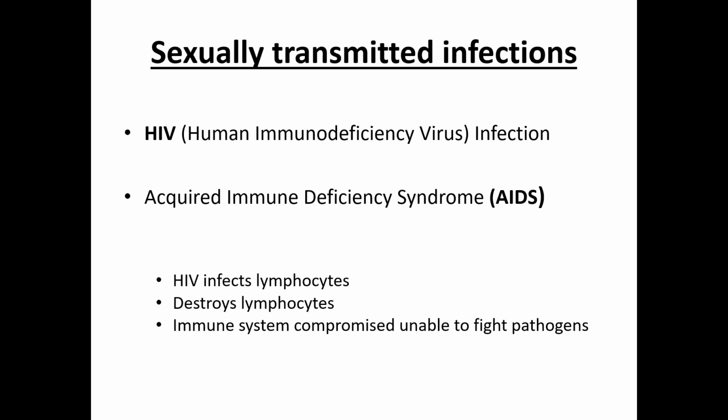And the spread of STIs is controlled by avoiding unprotected sex, and the virus attacks and kills lymphocytes and doesn't allow the body to defend against any regular illnesses. And if you got AIDS, it's likely you can die from an infection that is not normally life-threatening. Alright, so that's all for this.